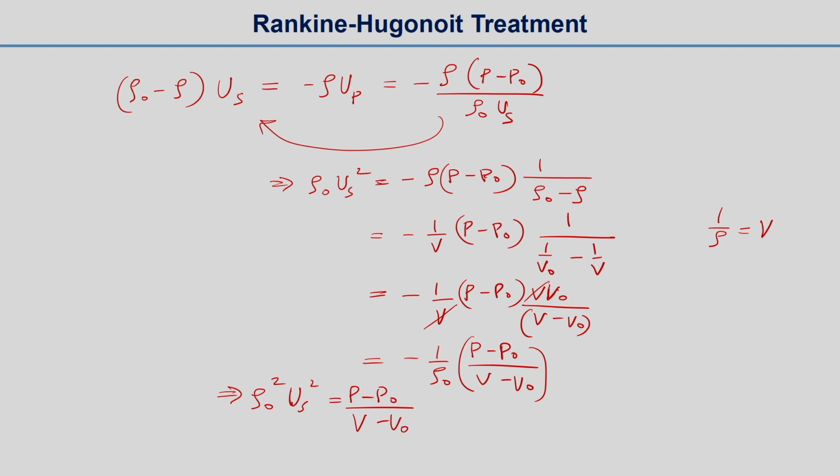If we substitute this relation in the earlier relation of conservation of energy, that is (P minus P naught) divided by rho naught Us square minus half of (P minus P naught) whole square over rho naught square Us square.